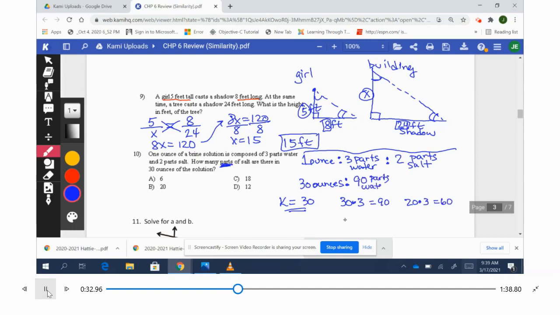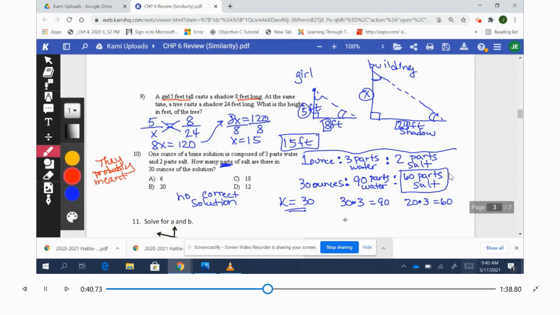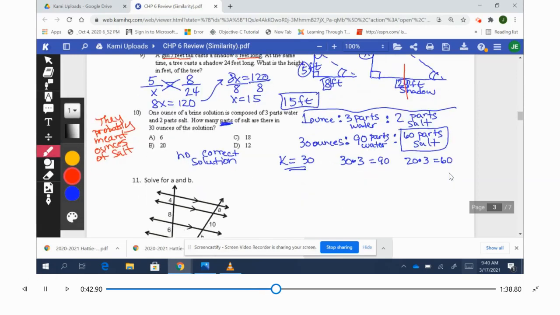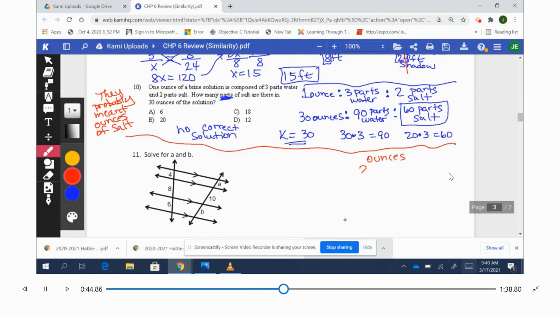Now that's if we're truly looking for parts, but then I noticed there's no correct solution. They did ask for how many parts, okay, so there's no correct solution. Now I assume they really meant how many ounces of salt, because they did give us 30 ounces of solution. So I went back and I recalculated in red what that would look like. Okay, underneath here.